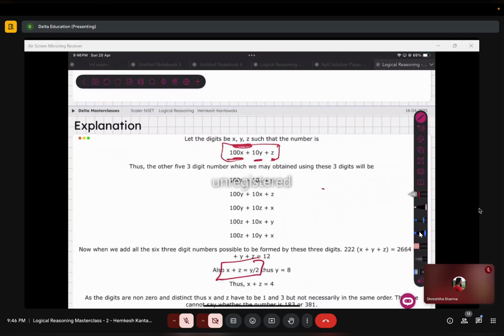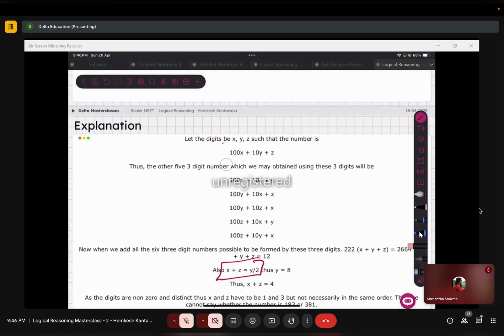So how many possibilities are possible? 3 factorial, correct, which is 6. So 6 different numbers are possible because the digits are distinct. So 3 ways we can fill this, 2 ways we can fill this, 1 way we can fill this. So there are 6 ways where we can arrange this number.